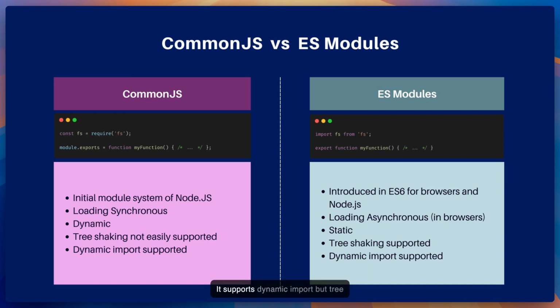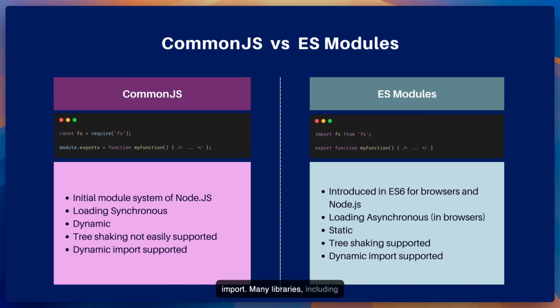It supports dynamic import, but tree shaking is not easily supported. On the other hand, ES modules were introduced in ES6 for browsers and server-side JavaScript. They load asynchronously in the browser, they are static, tree shaking is well supported, and they also support dynamic import.